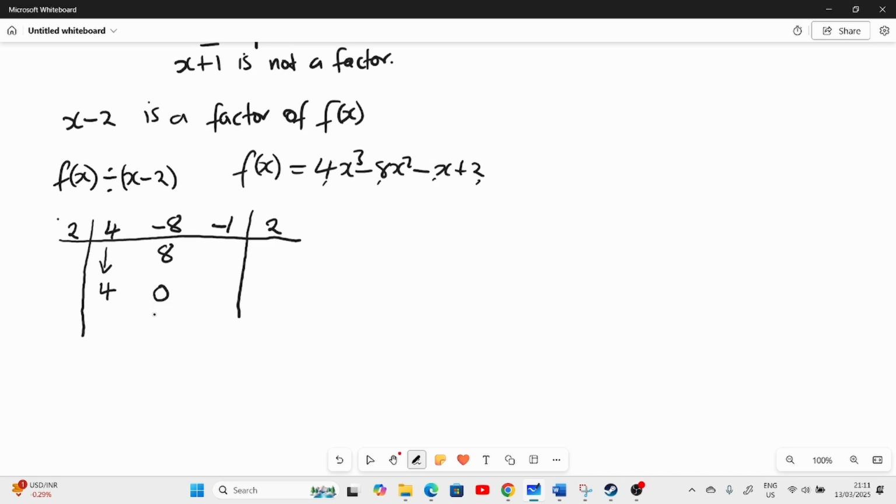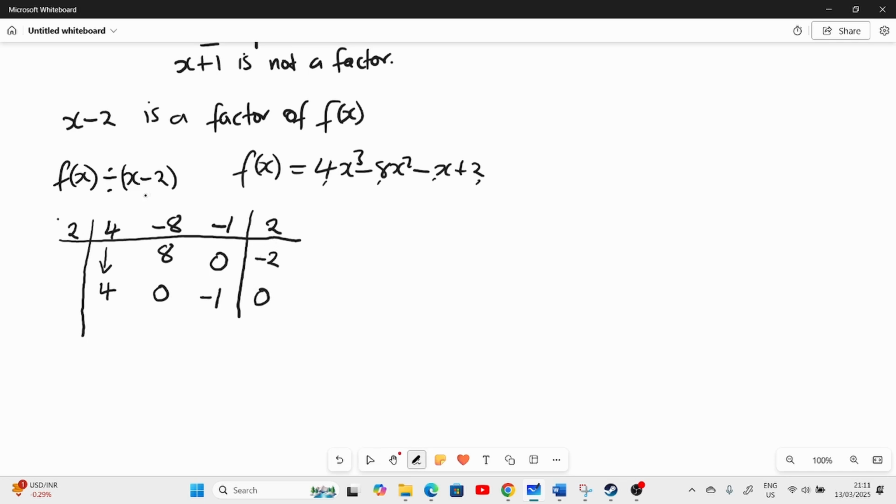You multiply again, 2 times 0, you get 0. You put a 0 there, then negative 1 plus 0 gives negative 1. Multiply again 2 times negative 1, you get negative 2, you write it here, then you add 2 minus 2, you get a 0.